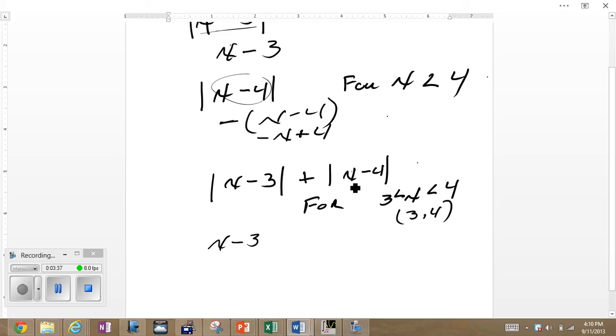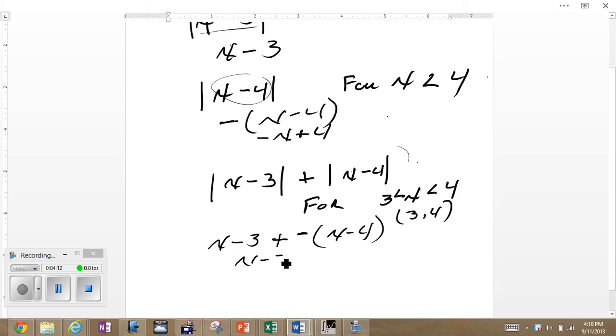What about over here? 3.5 goes in. 3.5 minus 4 is negative 0.5. What does an absolute value do to a negative? Gives you an opposite. Any number within this range of values, when plugged into this absolute value expression, results in a negative inside of the absolute values. The effect of the absolute values is to take the opposite of that. So the effect there is to take the opposite of x minus 4, and now we simplify that.